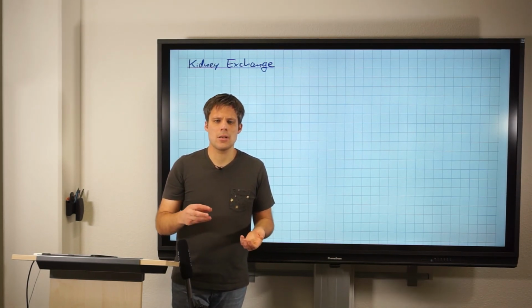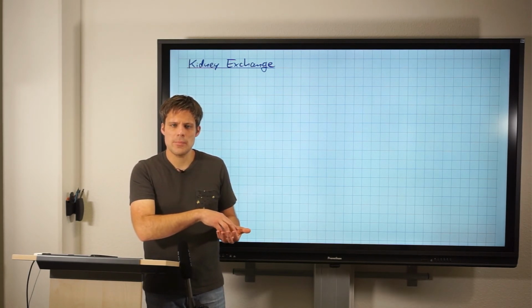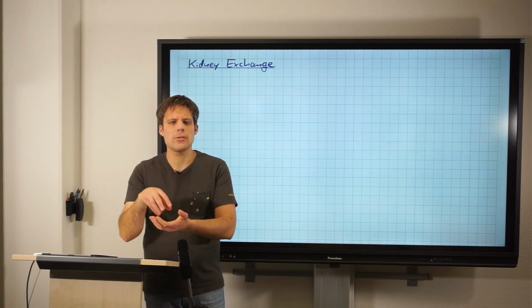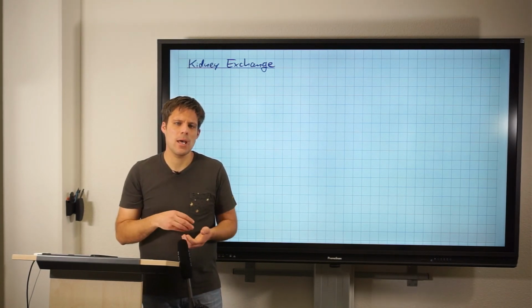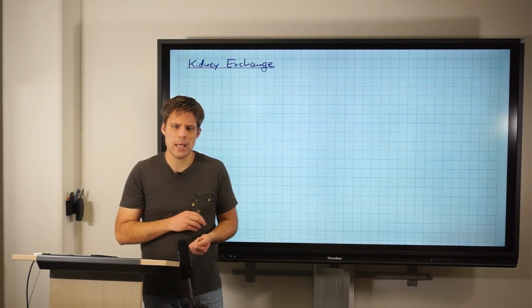Then there is the patient-donor pair A, the patient-donor pair B, the patient-donor pair C, and maybe then A gets the kidney from B, B gets the kidney from C, C gets the kidney from A, and so on.